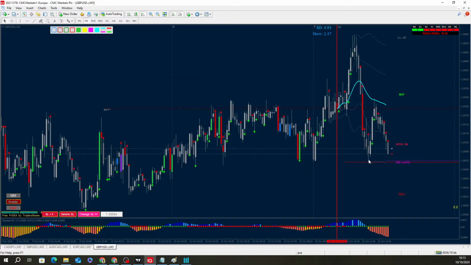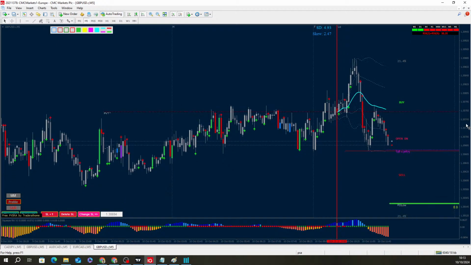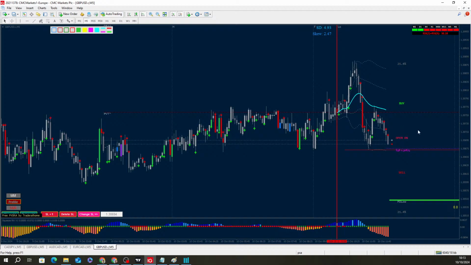Okay, so that's the structure there. Higher, lower, low. We are below. No, this one is not below the sell zone of the ADR, so we have to be careful with that.